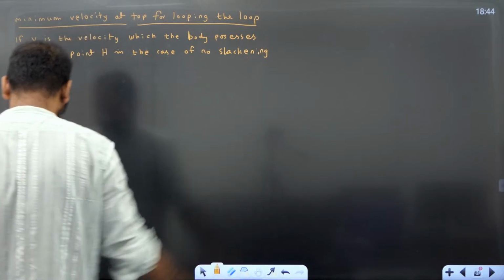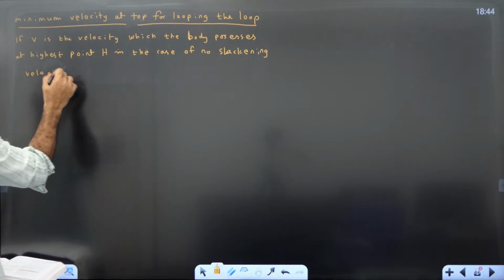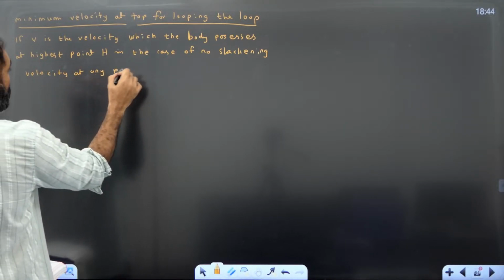Slackening means bending. Velocity at any point is what?